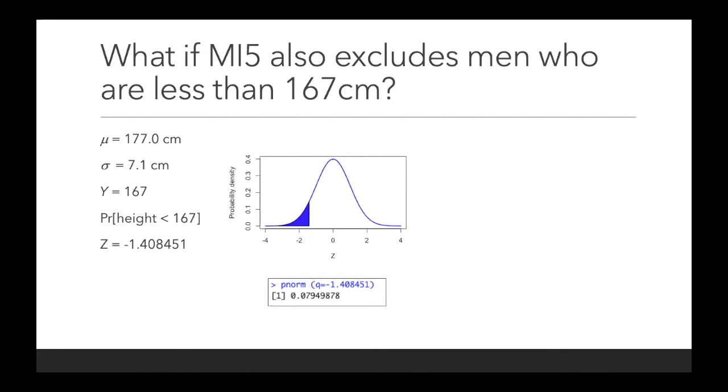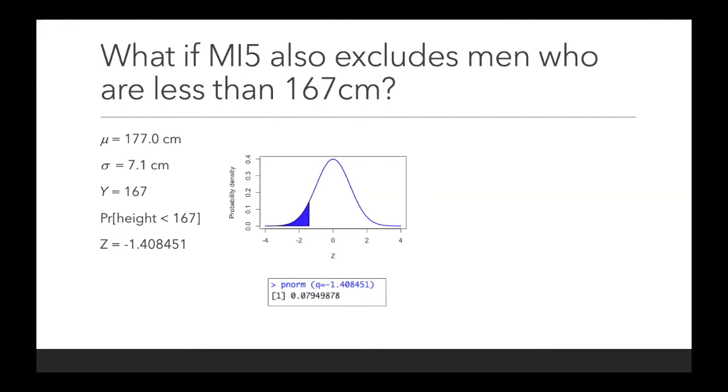And we can calculate this using the pnorm function in R again to determine that 8% of the standard normal distribution falls below negative 1.4. So about 8% of the British male population would be excluded from joining MI5 if they were to have this height threshold.